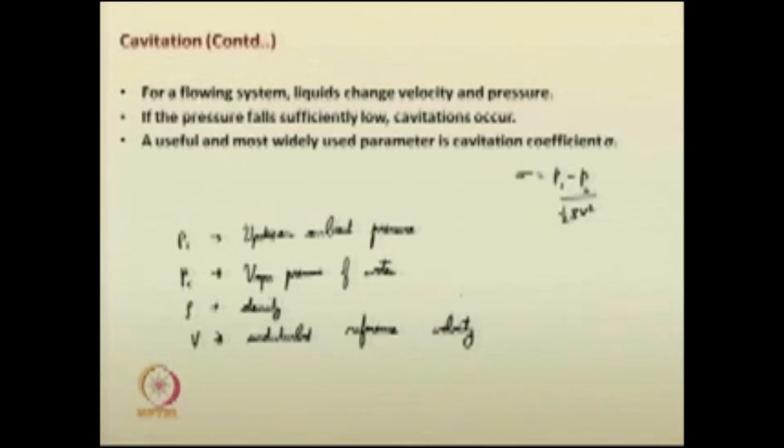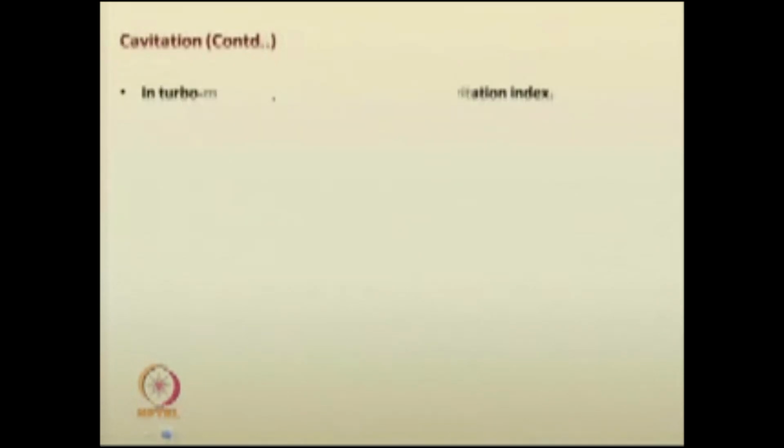So, the cavitation coefficient can easily identify how much cavitation can occur, or the chances of it. It can be inferred from that. We can suggest another quantity called the cavitation index as well. The cavitation index is very useful in turbo machinery.